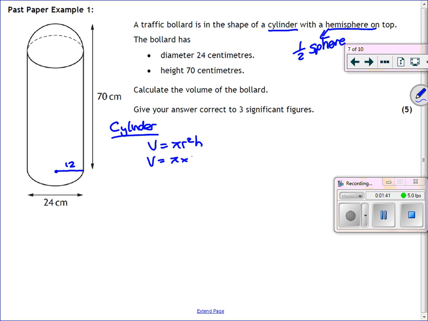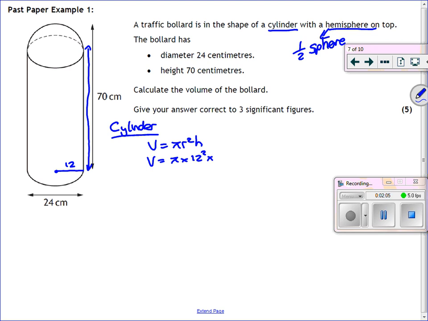So it's pi times 12 squared multiplied by the height. Now, it's the height of the cylinder, not the total object. The total height is 70, but we are only interested in the height of the actual cylinder.